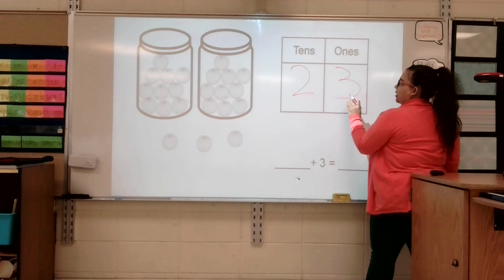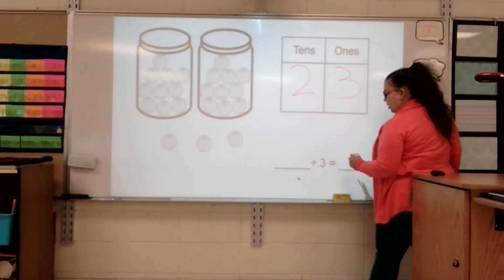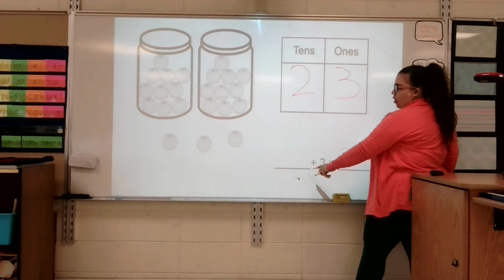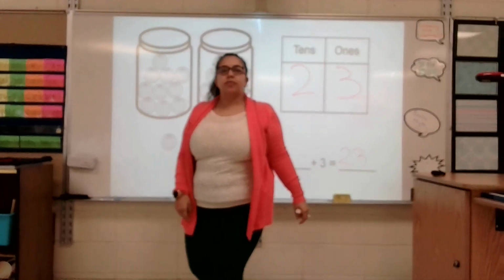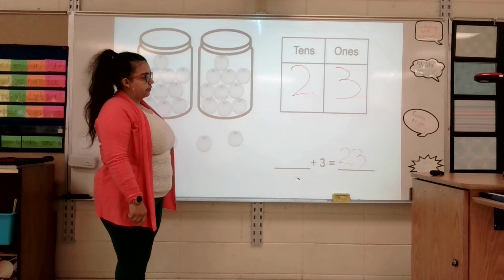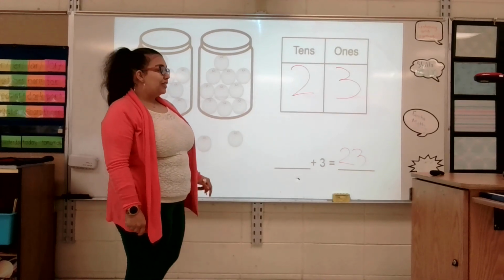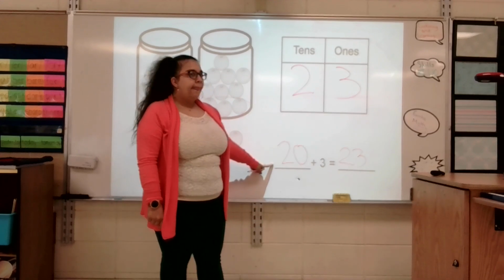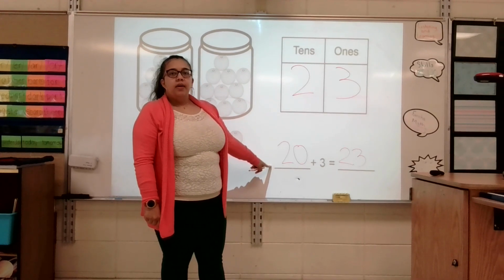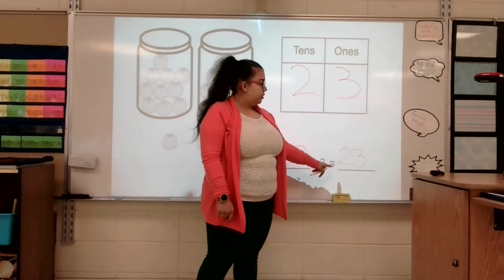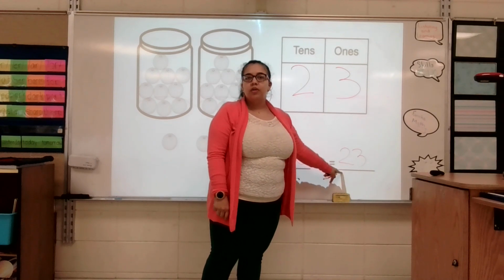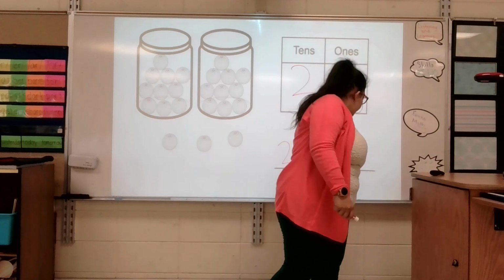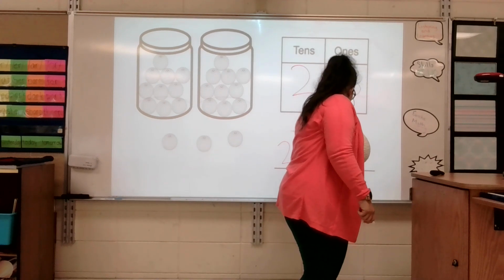Excellent. So 2 tens and 3 ones is 23. Our whole is 23. What is our missing part in this number sentence? 20. Good job. Let's read that number sentence now, please. 20 plus 3 is equal to 23. You on it? Yes, you are.